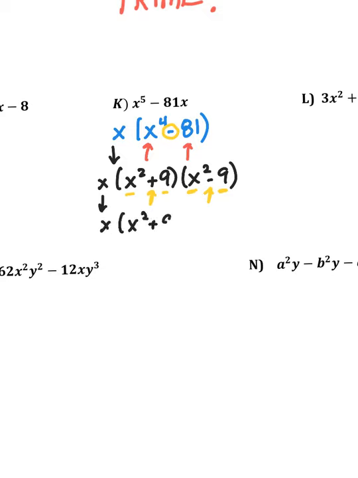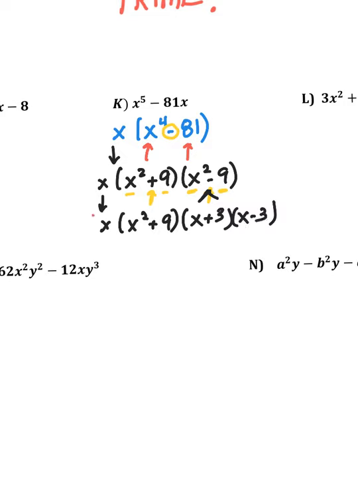There's nothing left to do in that parenthesis, but in that last parenthesis, I can still break it down, right? x times x, a positive 3 and a negative 3, right?